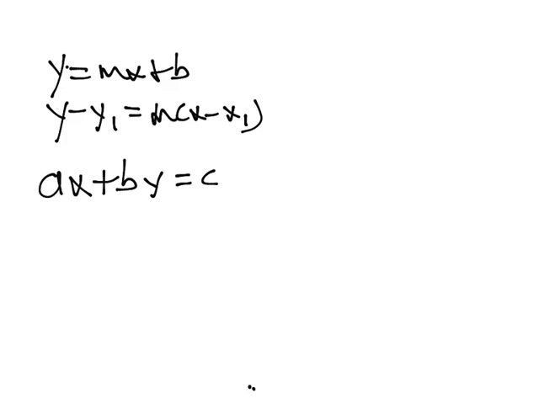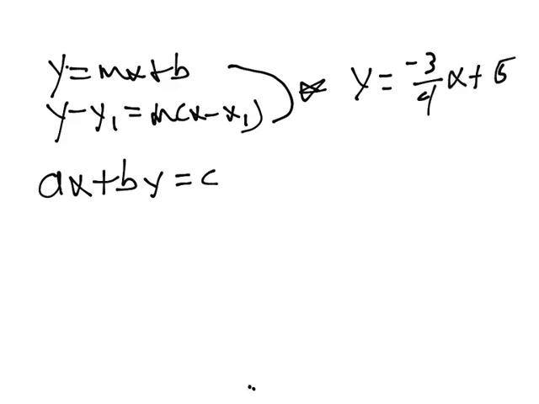But with both of these formats, when I see something written in this format, information jumps out at me. Like if I had -3/4 x plus 5, then I have useful information jumping out at me. I know the slope of this line is -3/4. I know that it crosses the y-axis at (0, 5).